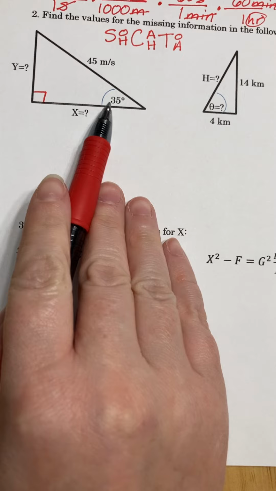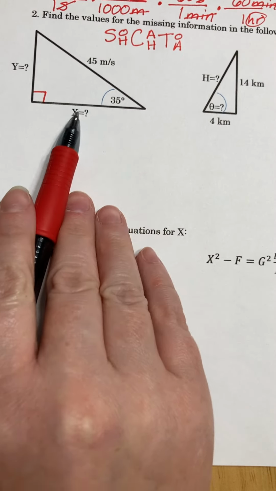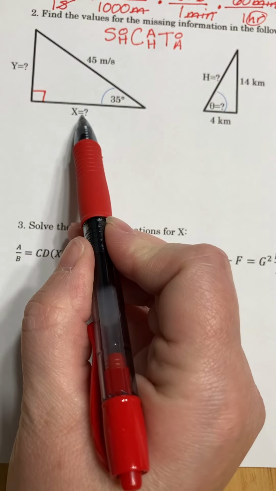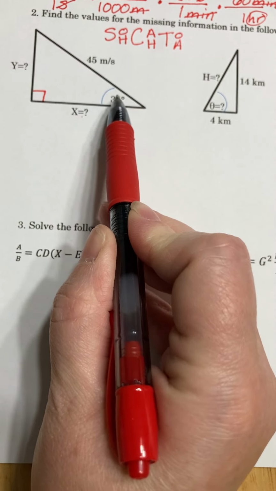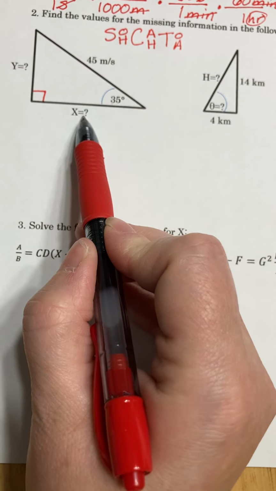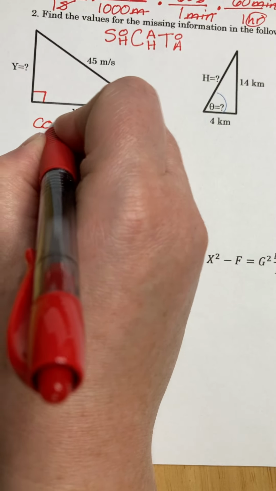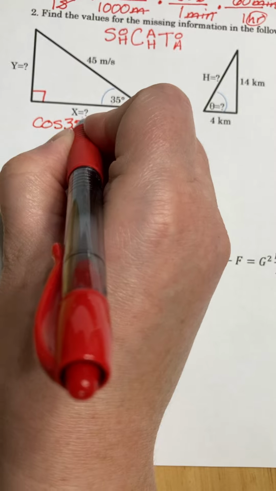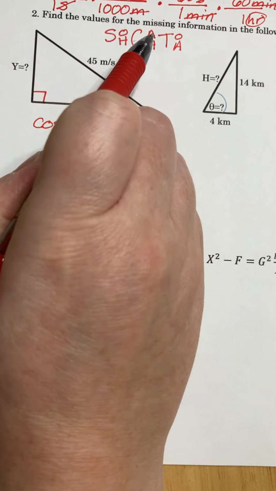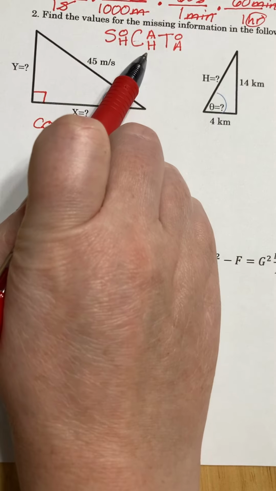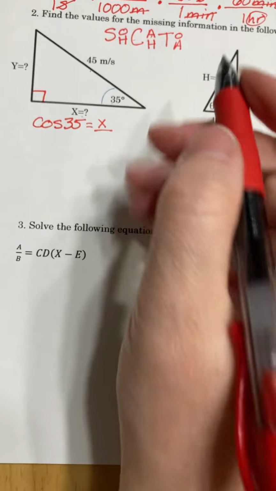And so we use an angle and 2 sides, they all go together. If we're trying to find this side, we have this angle. That is the one that is adjacent. So if it's adjacent, we're going to want cosine. We start with cosine 35 equals adjacent, which is the one that touches it, our x, over hypotenuse, which is the 45.